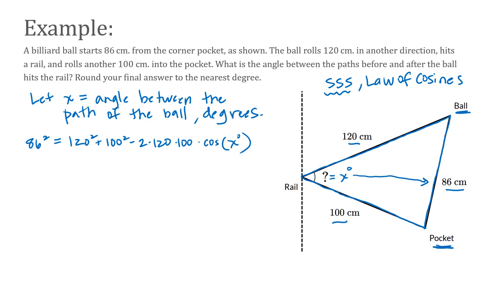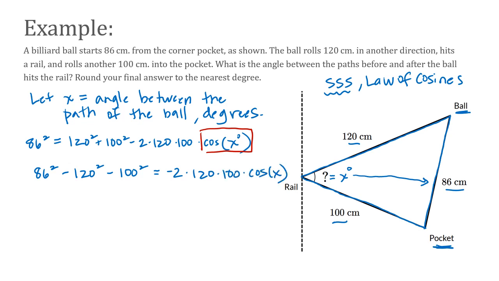All right, so now I'm going to start trying to solve for the cosine of x. And so what I have to do then is isolate that. So I'm going to take 86 squared, subtract 120 squared, subtract 100 squared, and that's going to equal negative 2 times 120 times 100 times the cosine of x. I will divide both sides by that negative 2 times 120 times 100.